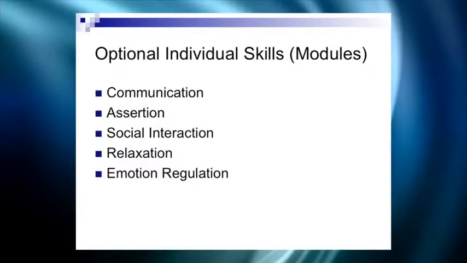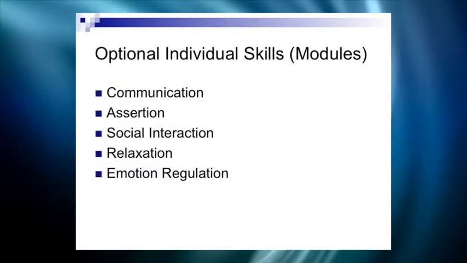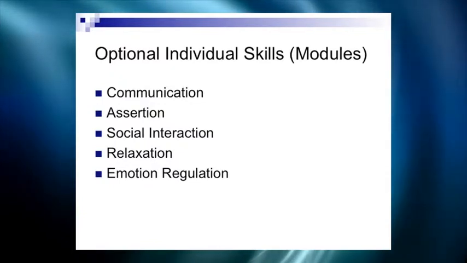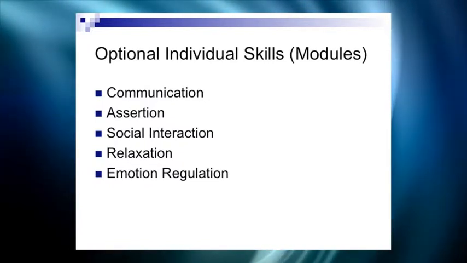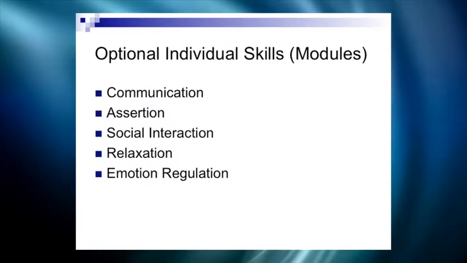Optional modules. These are in the manual, and I'm just mentioning them now, and we'll go through most of them in the next day and a half, but we won't go through every one of them. There's a module on communication skills, one on assertion, one on social interaction, how to meet people, join groups, get involved in conversations. There's a module on relaxation that has multiple relaxation methods in it.